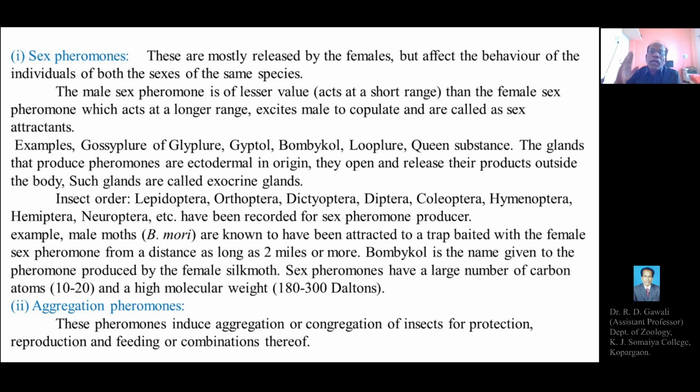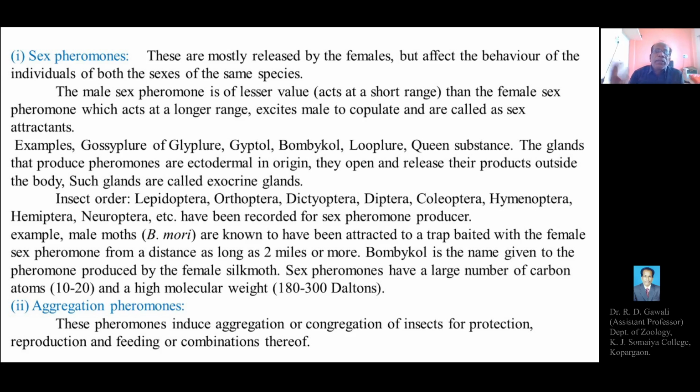Sex pheromones have a large number, or chain, of carbon atoms, that is from 10 to 20, and a high molecular weight of 180 to 300 daltons. So these sex pheromones have a complex chemical formula with a chain of 10 to 20 carbon atoms.